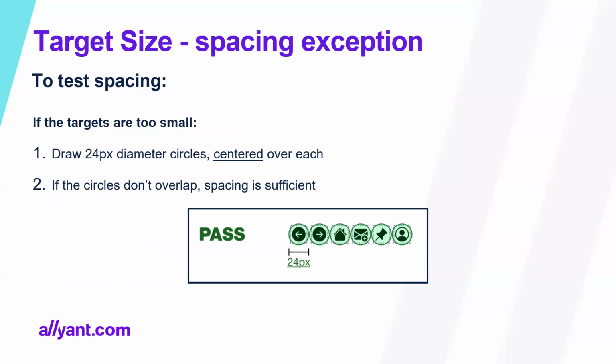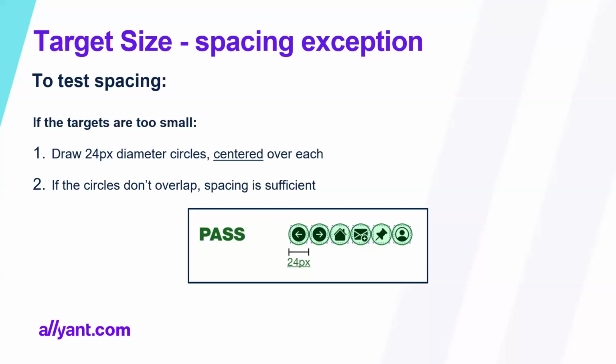So we're going back to our 24 CSS pixels here. So the way to check the spacing to make sure that they're far enough apart. So let's consider the scenario where you have a bunch of checkboxes, maybe all in a line next to each other going across your document, or you have a series of icons that all act as links, right?